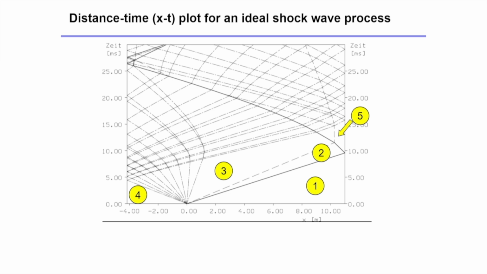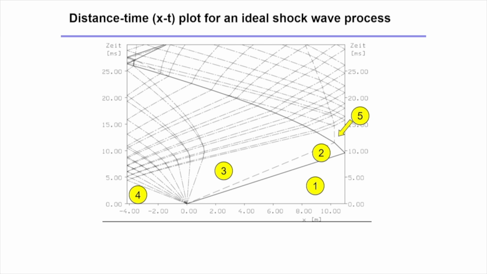So here we have another plot for this. We have a very short time for section 4, section 1. Then we have some time where we have section 3, section 2. But of course, normally we are interested in section 5.